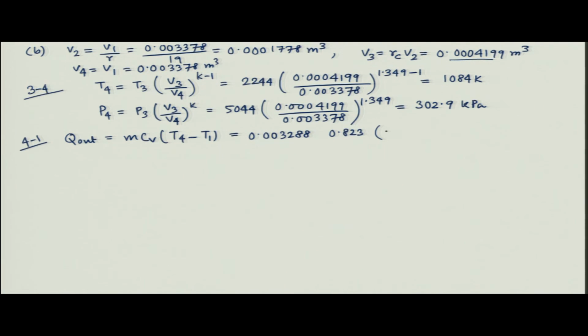T4 is 1084 and T1 is 340 Kelvin. If you take the product, you will get 2.013 kilojoule. That is the Q out.